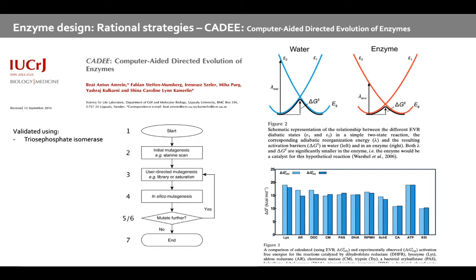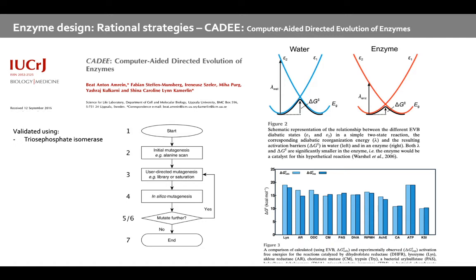So it's a powerful approach that is not that expensive, because here they propose to apply it massively to generate multiple variants, and it provides a good estimate of the experimental barriers.